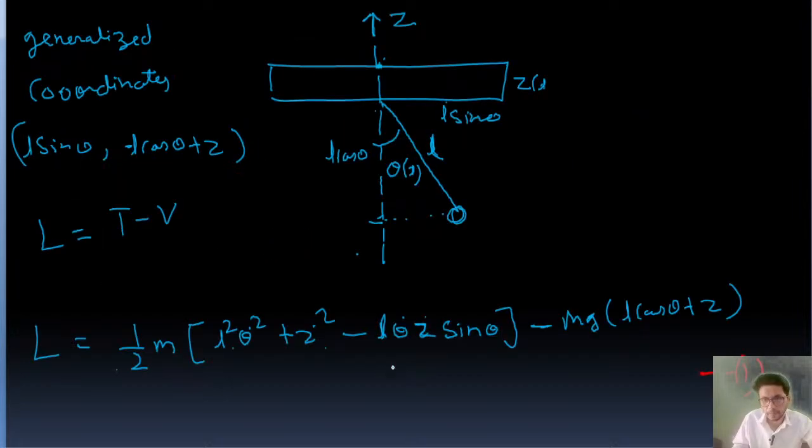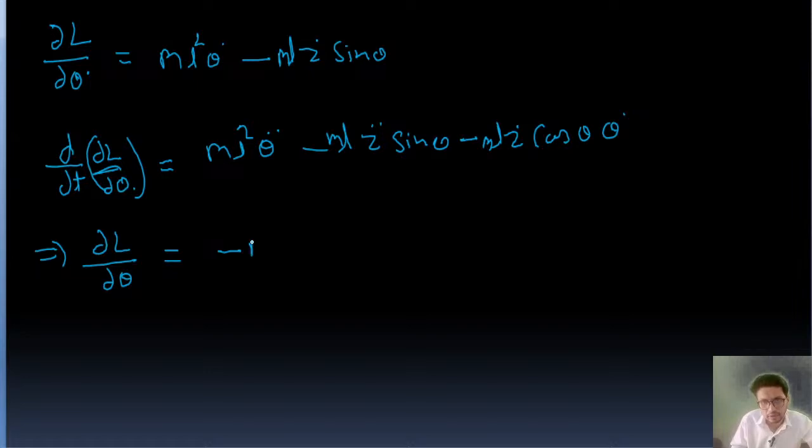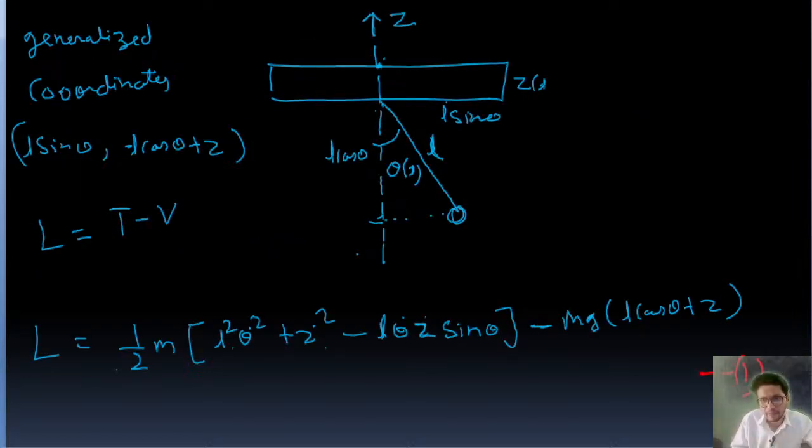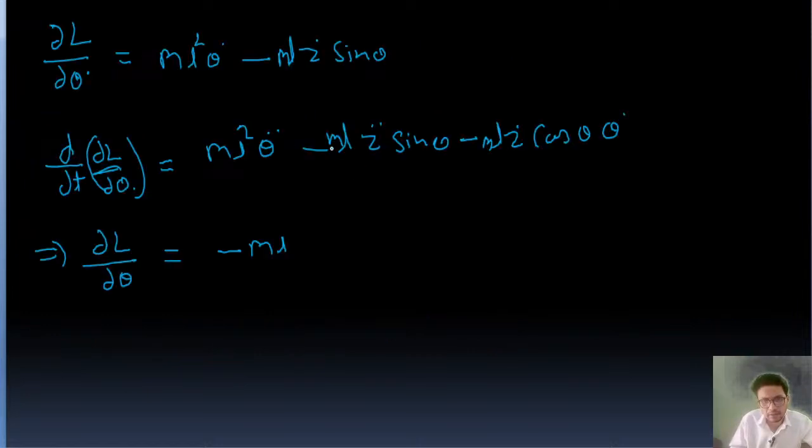This one is 0, this is L theta dot z dot cos theta, right? m L theta dot z dot cos theta, because we have differentiated it.